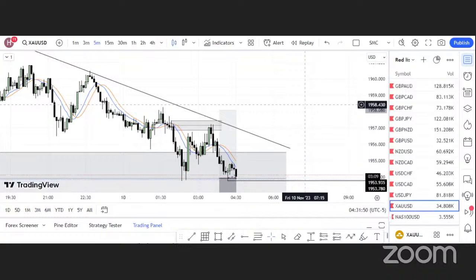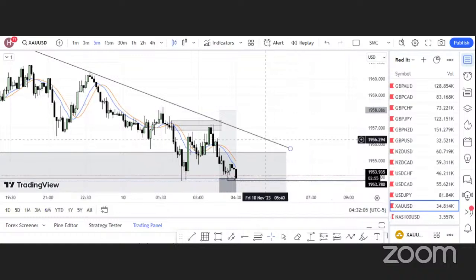So we are still holding, guys. As I've said, I'm not going to go against our rules, right? So if it closes below, we close the trade. But if it goes up, then we take profit here.